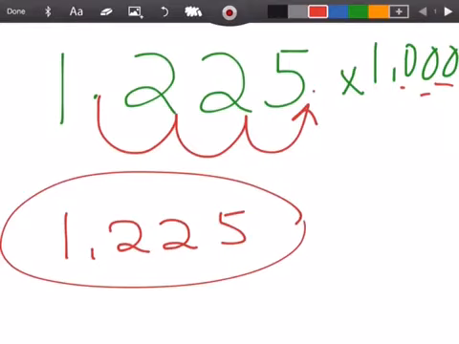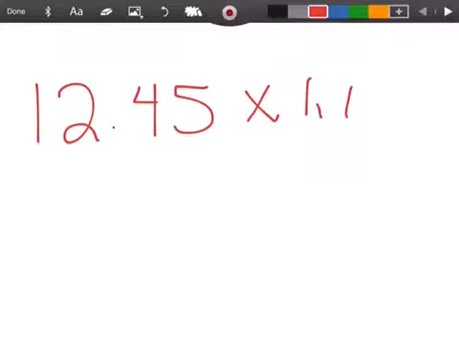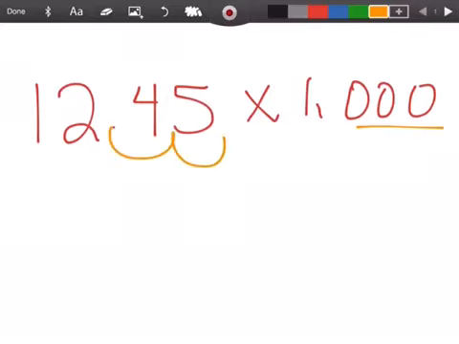Now I always get the question, let's say I have something like this: 12 and 45 hundredths times 1,000. And we know we need to move over our decimal point 3 places. 1, 2, 3.